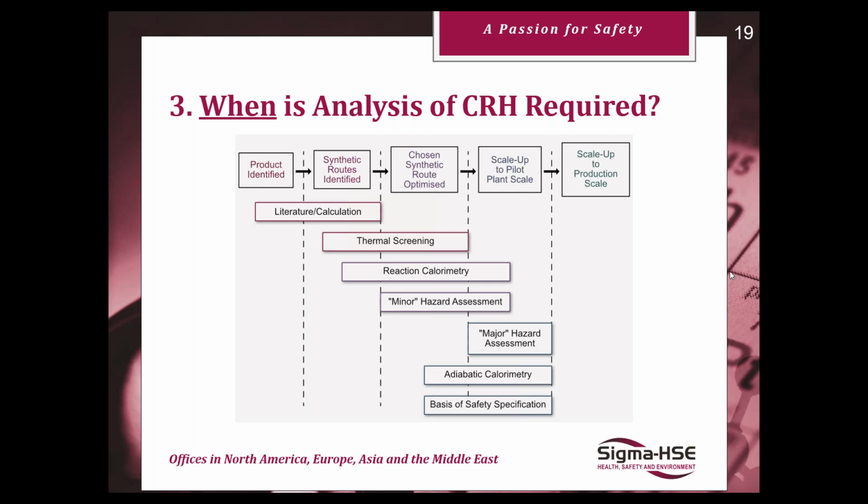That's a good time to start thinking about thermal screening testing to give you an indication of any potential hazards for when you scale up. And then adiabatic calorimetry becomes more important when you've got a specific synthetic route that you want to go down. And it's good to have this data before you scale up or during when you scale up to pilot plant scale. But it's definitely data that you need before you take to bulk production scale.